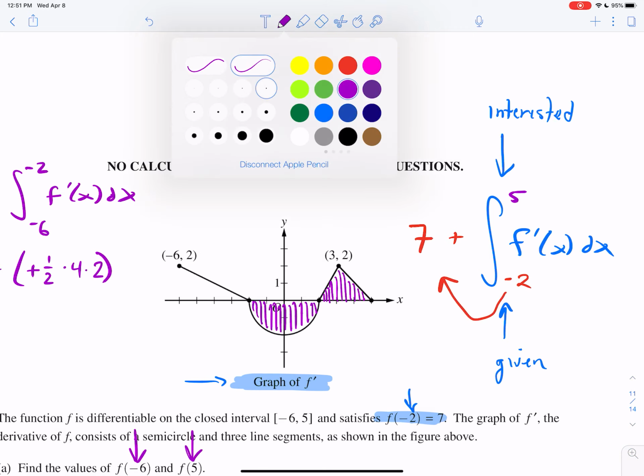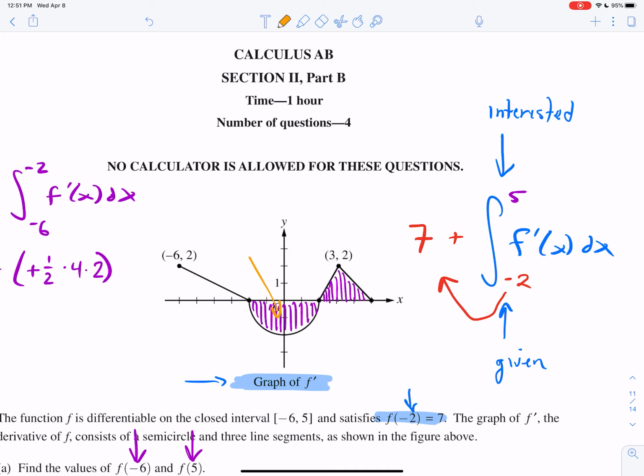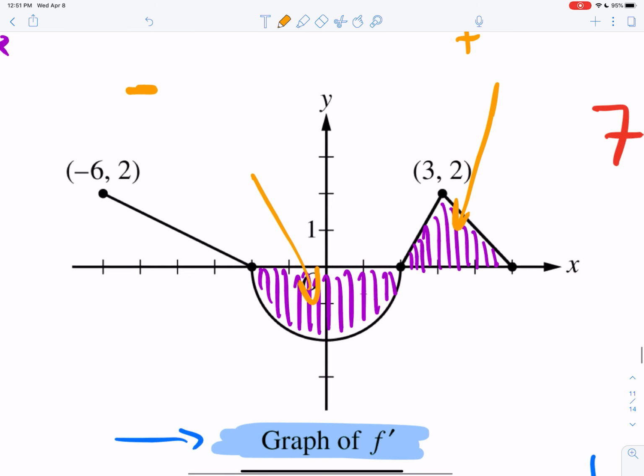I have a semicircle that's below the x-axis, so I know that's going to come out negative. And over here, I have a triangle above the x-axis, so I know the area is going to come out positive. To the left here, this is a semicircle, so that's pi r squared over 2.